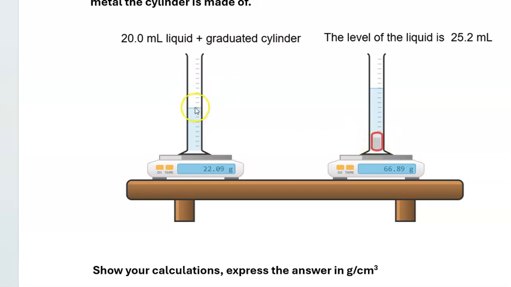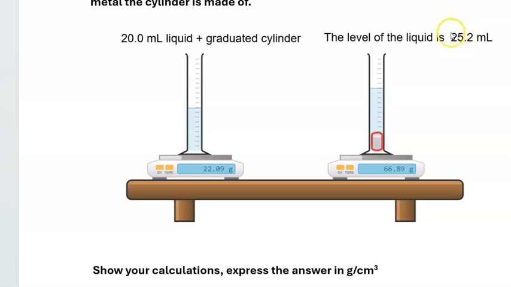By water displacement. You have here a volume of 20.0 milliliters of liquid here, and you have the weight. When you add the solid, you have that the level of the liquid increases 25.2.